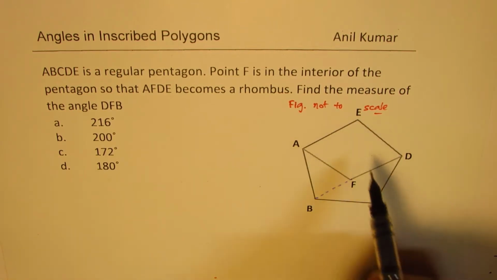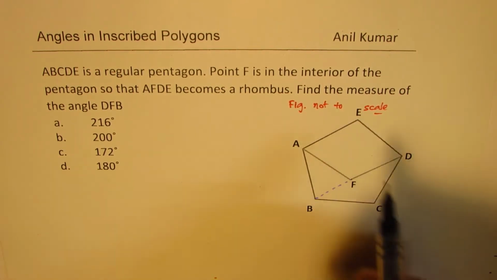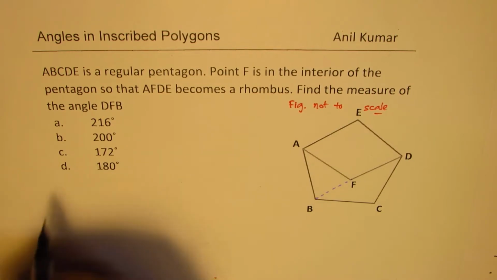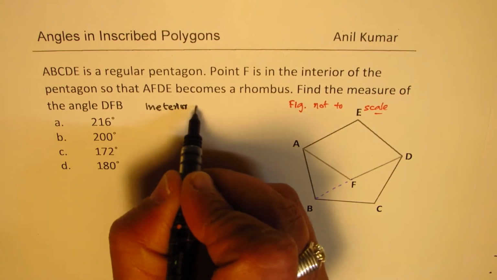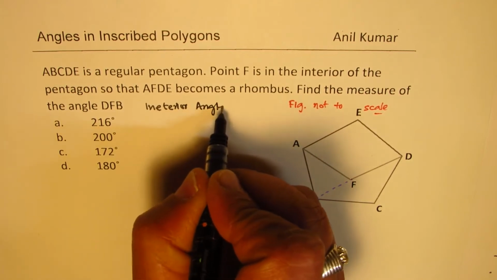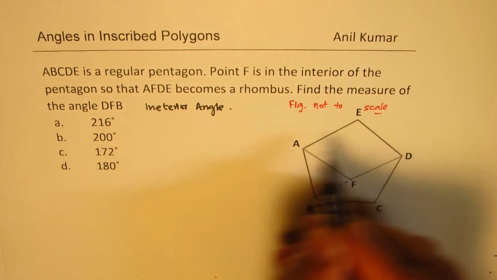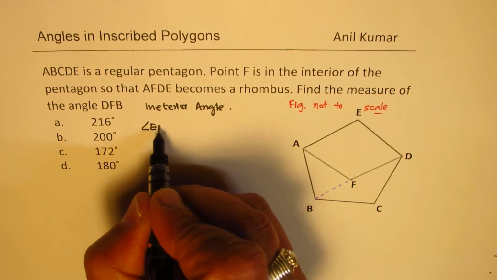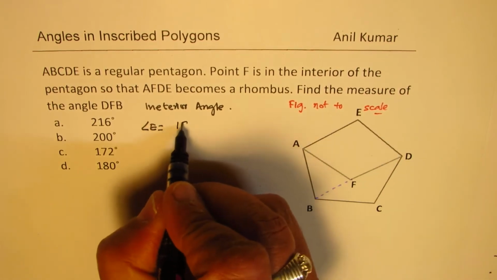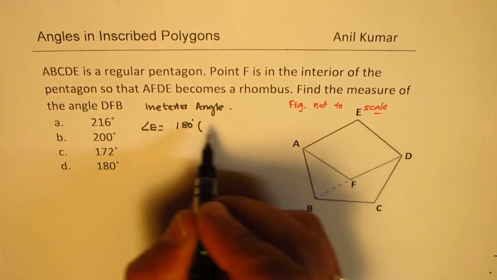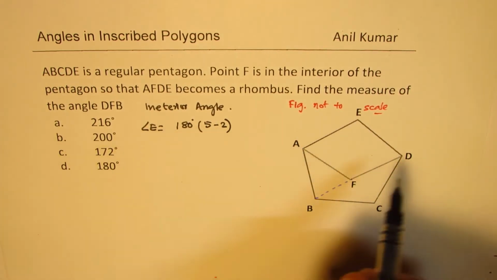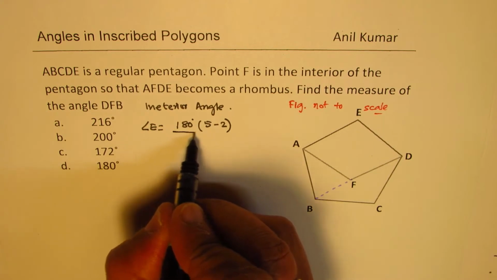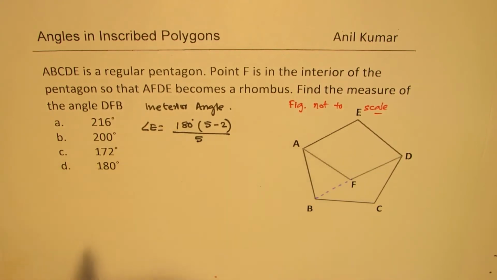Now in a pentagon, what is the interior angle? It is easy to derive. We can say angle E, for example, is equal to 180 degrees times the number of sides minus 2, right? So that is the total. And divided by 5, we get each angle, correct?